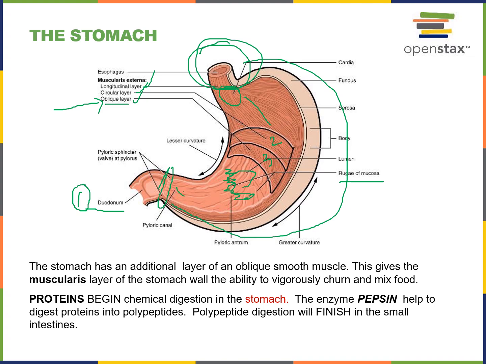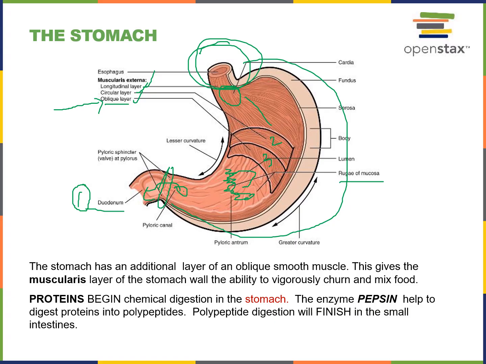Chyme is like a soupy liquid that will be squirted out in small amounts, roughly about 3 mL, into the duodenum. So the stomach then has the job of churning, breaking, mixing, cracking up this bolus so that chyme will be produced in the end.